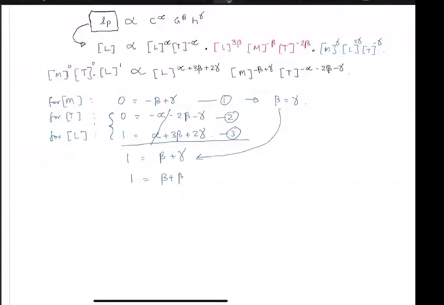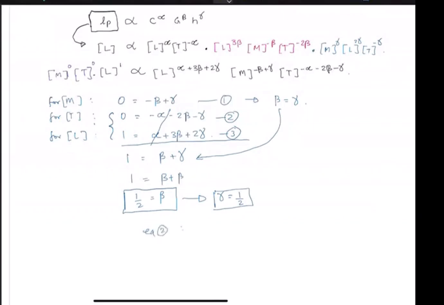And then that one is 1/2 equals beta. Since beta equals gamma, gamma should also be 1/2, right? And since now we have beta and gamma, I can plug it into equation 2, right?